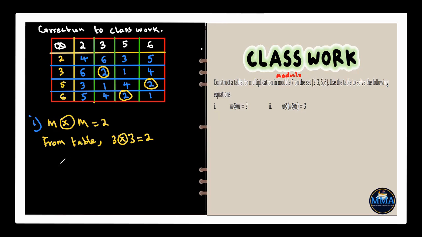So our m is 3, because 3 times 3 is 2. Let's go to the next question.